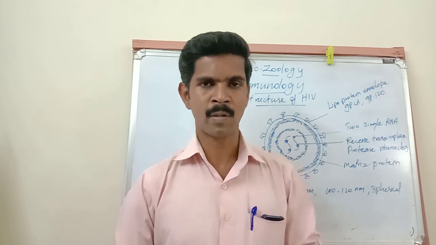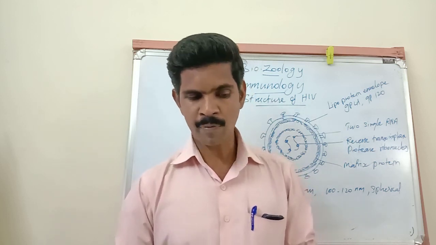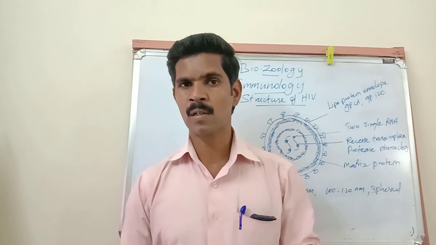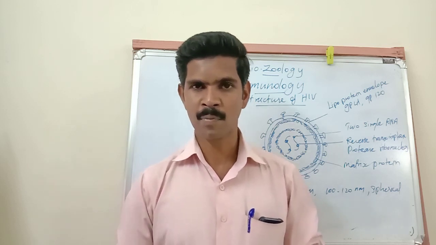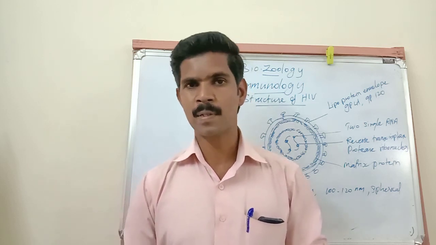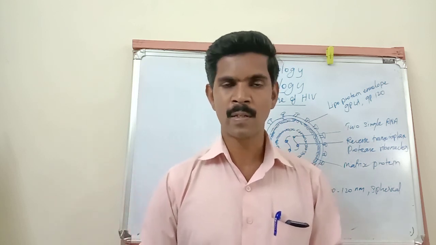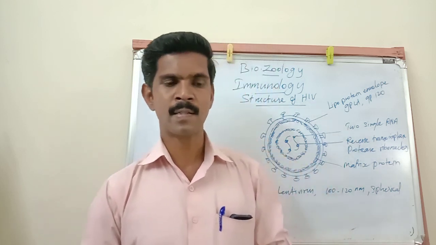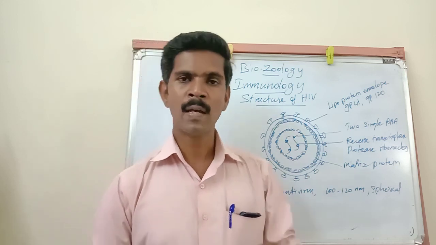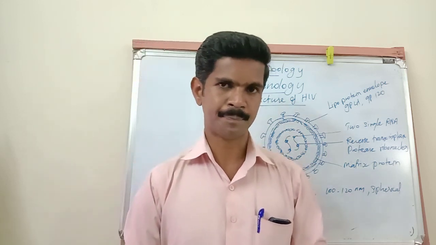If any component is not working properly, not doing its function properly, it leads to some diseases. Those diseases are called immunodeficiency diseases. So the reason for immunodeficiency disease is failure in one or more components of our immune system.